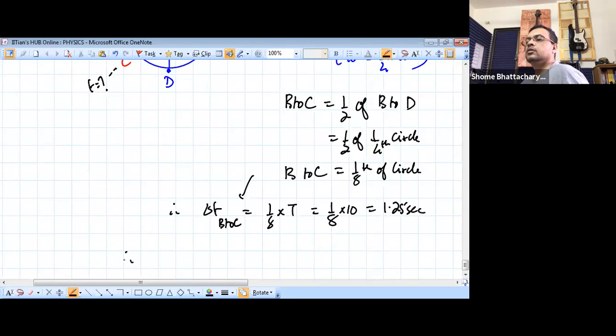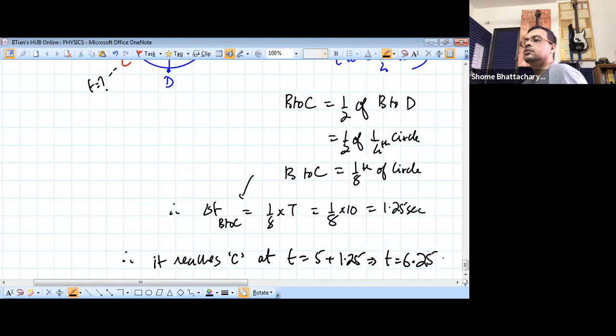Therefore, the particle reaches C at a total time of how much? 5 plus 1.25. The time when it is at B, that is 5 seconds, plus the time taken to go from B to C, so that is 1.25. 6.25 seconds.